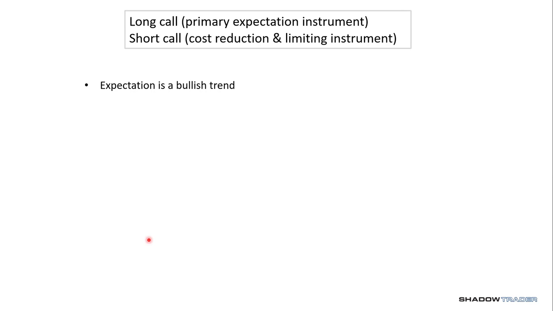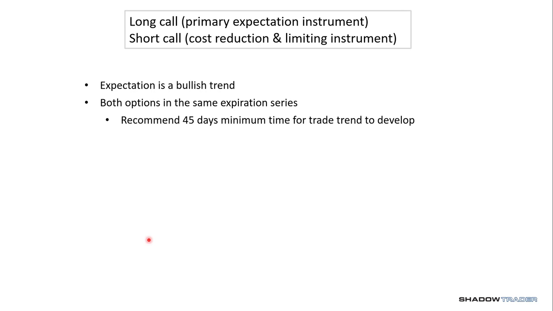Our expectation is for a bullish trend in the underlying. Both options will be in the same expiration series. A recommendation is that you use 45 days or more to let the trade develop. Our trade risk is the debit that we pay.